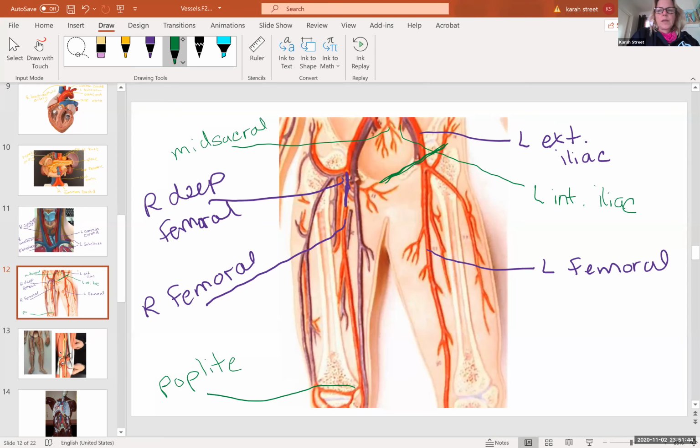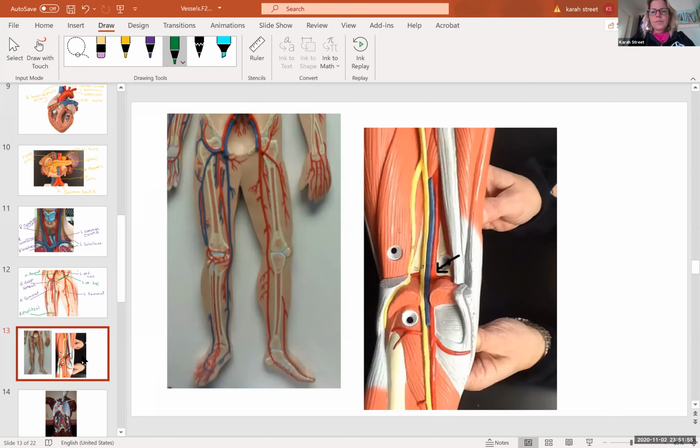And I'm going to show you another picture of the popliteal, but that would be the popliteal artery. On this model, it would be the right. Very next slide, I'm showing you the back. And again, this is the back of someone's left leg. How do I know that? That's the gracilis, which is an inner thigh muscle.